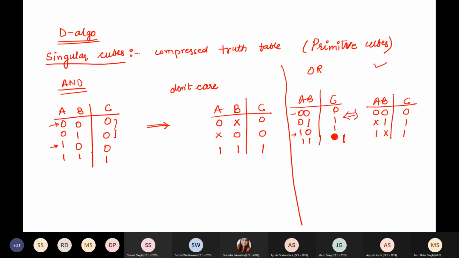What test vector will detect that fault? Okay, we'll do it in the next class. Any problem in today's class? We'll revisit this primitive cube and the algebra when we work on the circuits for the D algorithm.